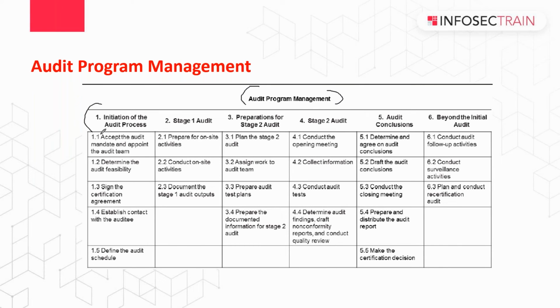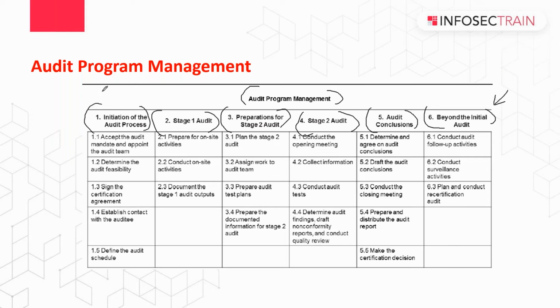It starts with initializing the audit process, then we go with a stage 1 audit, then preparation of a stage 2 audit. Okay, then we go with the stage 2 audit, then audit conclusion beyond the initial audit. This is the sixth step to perform an audit, performing an audit or claiming for a certificate.